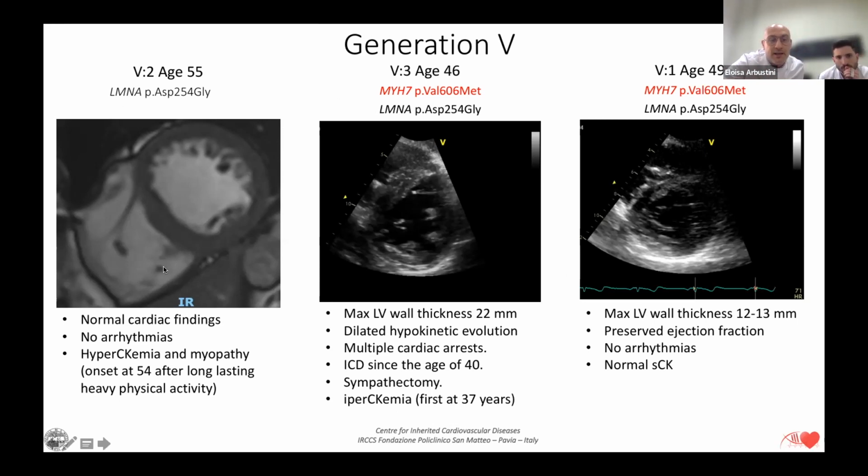From the cardiac point of view, in the other brother who carries only the LMNA variant, we have normal cardiac findings. We do not have arrhythmias, but we have, after the age of 54, the onset of myopathy with hyperCKemia.